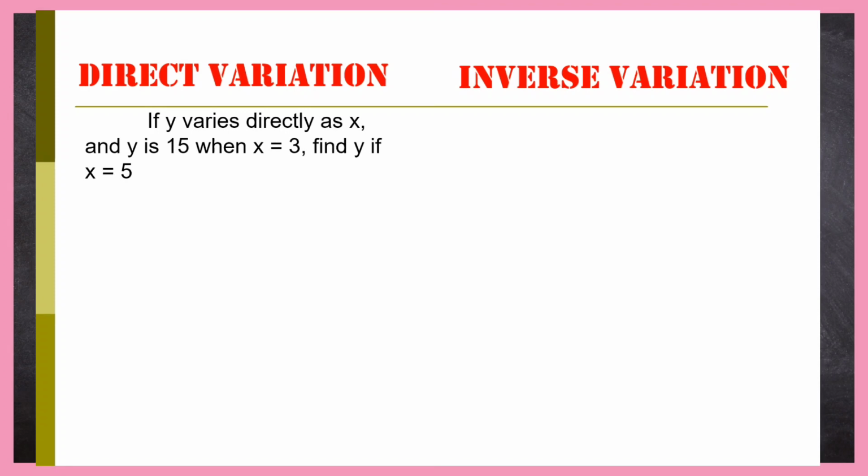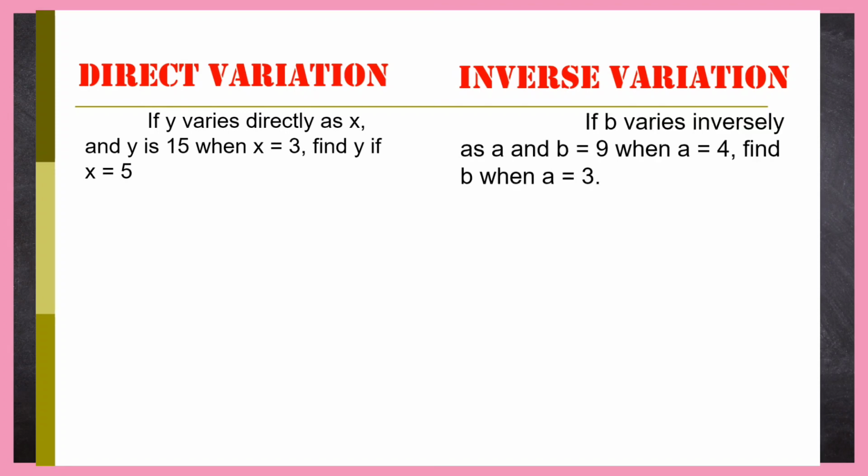Let us have another sample for direct variation and inverse variation. Yung unang sample natin, y varies directly as x. So, ito yung ating mathematical statement. And then, y is 15 when x is equal to 3.